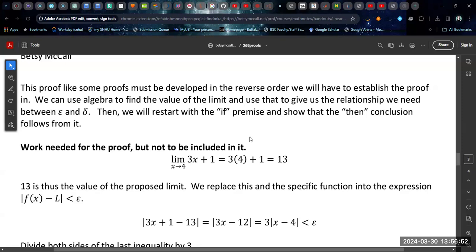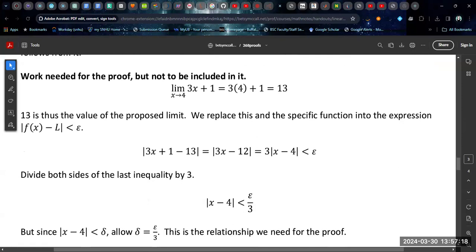But then we have to make our argument from the if getting to the then, not the then getting to the if. So we will have to reverse the order of our calculations in order to show that going in the correct direction still applies. So there's some preliminary algebra that we have to do, and then we can get to the proof.